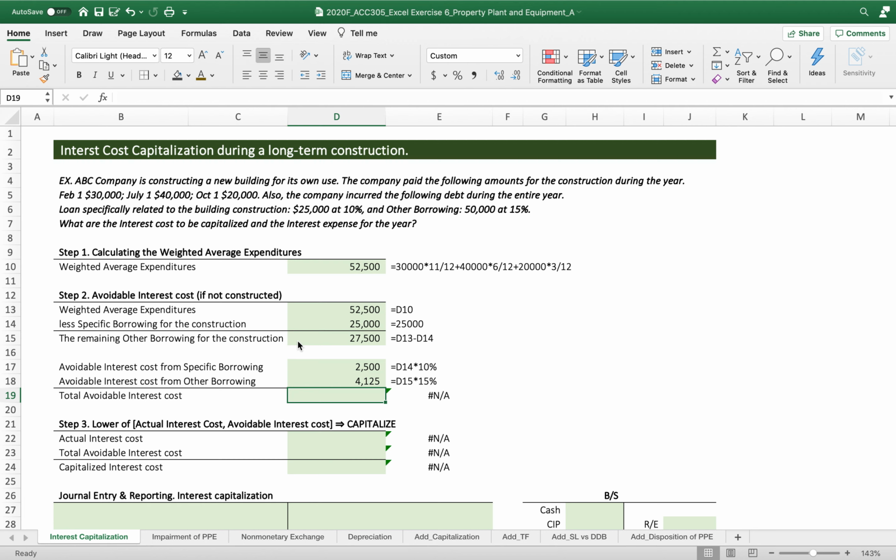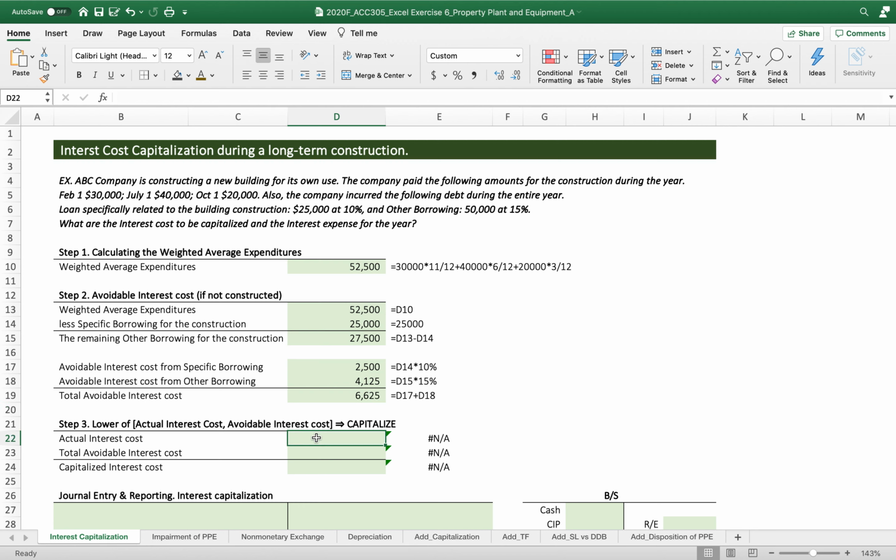If we didn't construct this building, that is the avoidable interest cost, 4,125. So the total avoidable interest cost for this construction is 6,625.